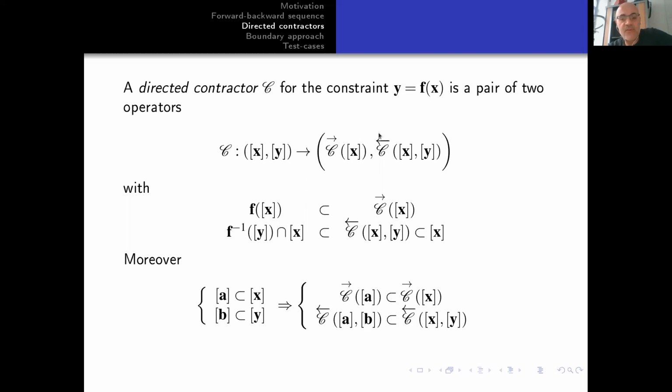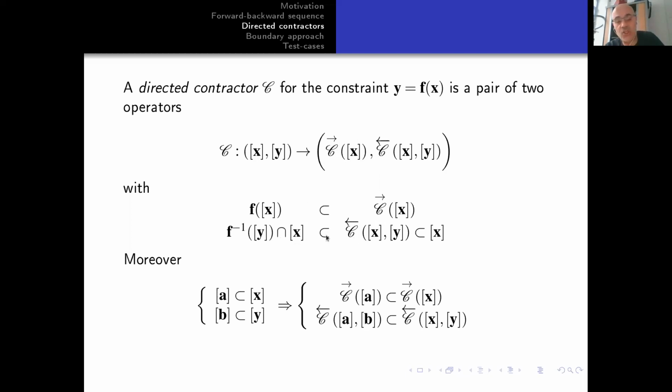And a directed contractor is a pair of two operators, the forward and the backward. I want to have the two following properties. The forward contractor encloses f of x. And I also want the backward contractor like this.